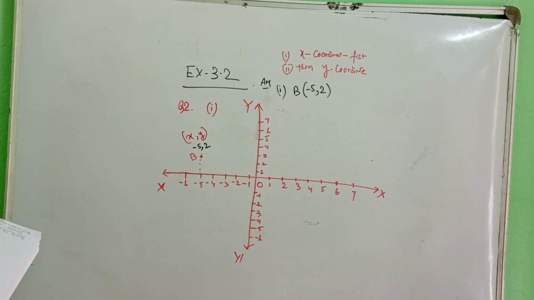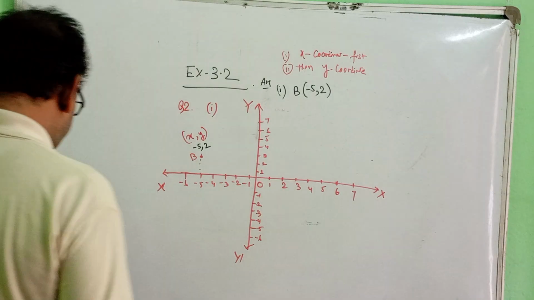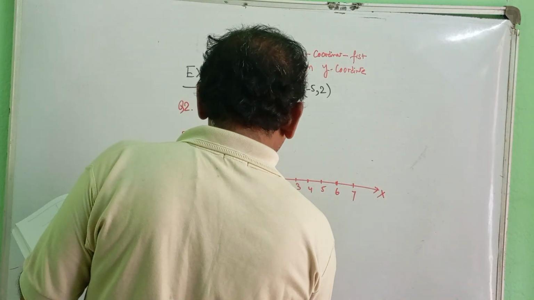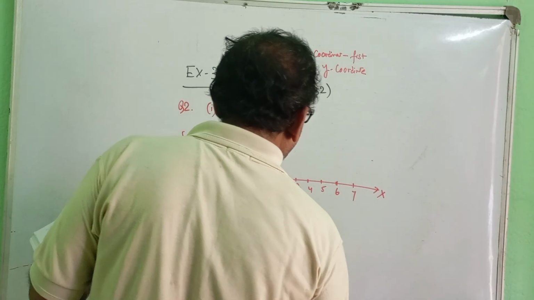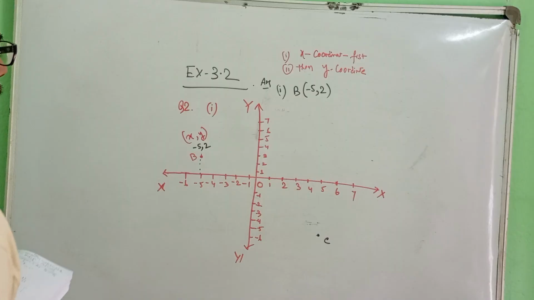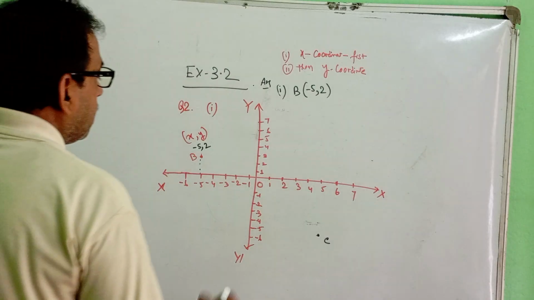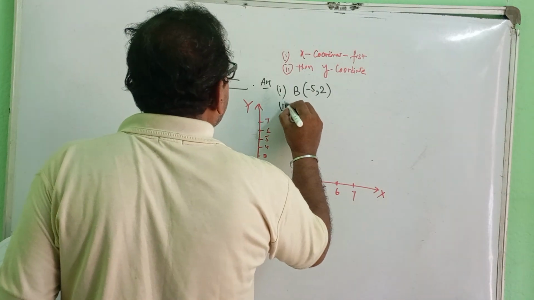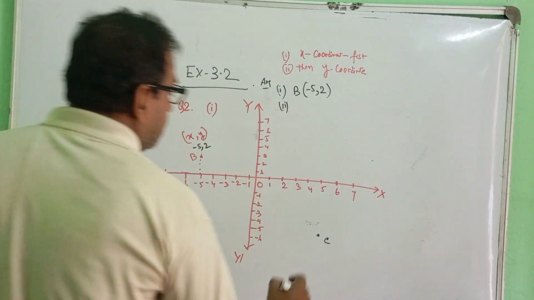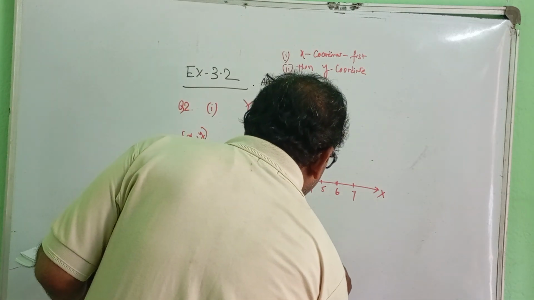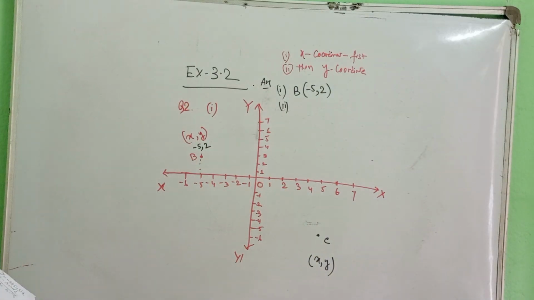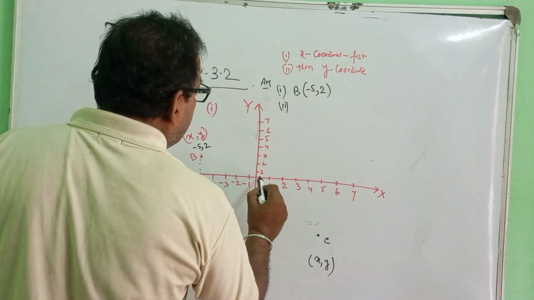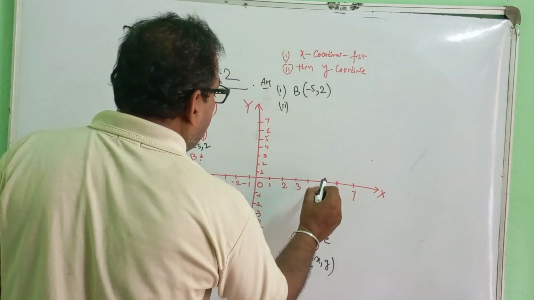Now they have given the point C. Same thing: x first. So we are writing x comma y. First, how does x move? 1, 2, 3, 4, 5.